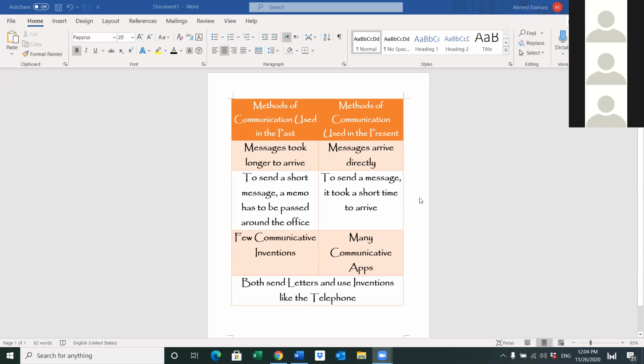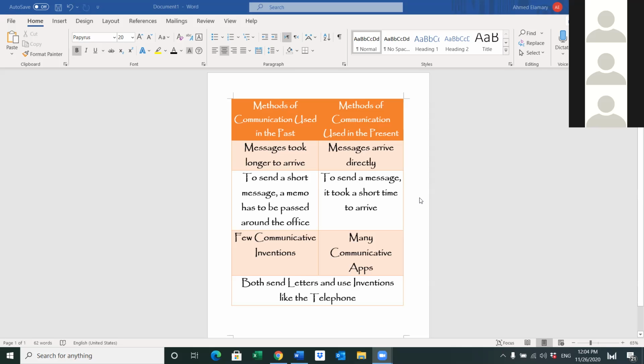In the present, it took a short time for the message to arrive. In the past, there were few communicative inventions. In the present, there were many communicative apps such as Facebook, WeChat, WhatsApp, and so on. And then this is one comparison between them. Both send letters and use inventions like the telephone.